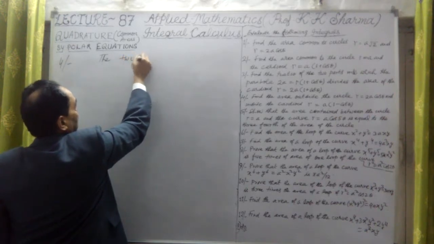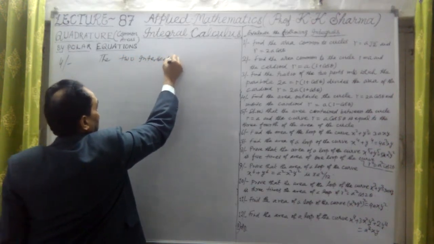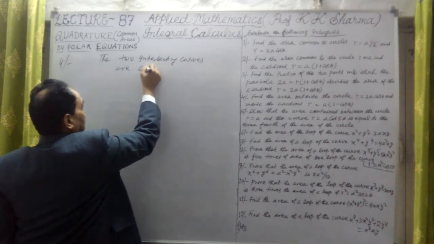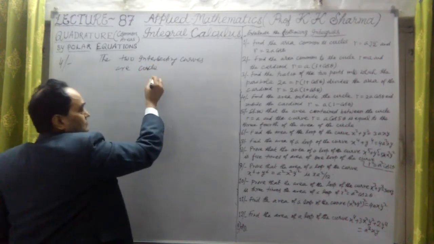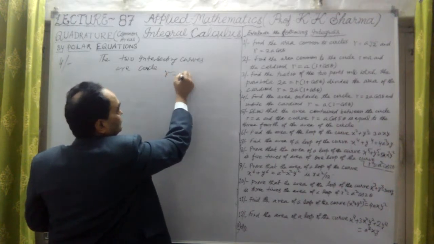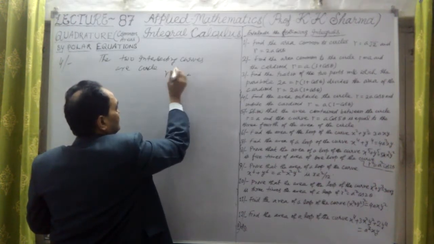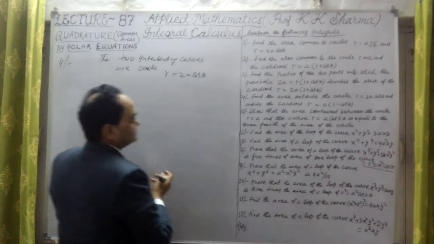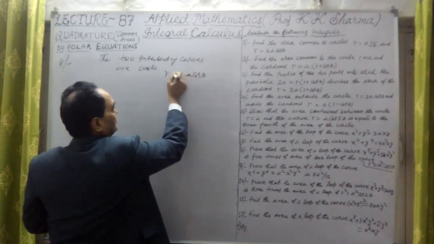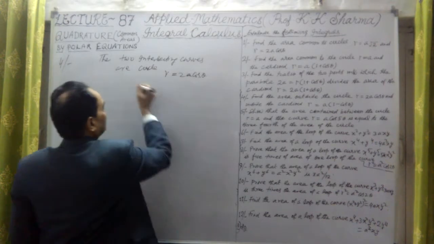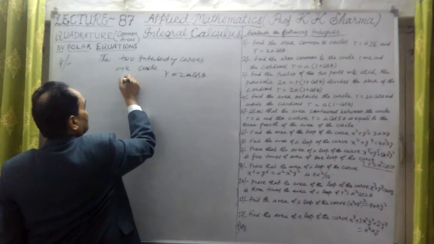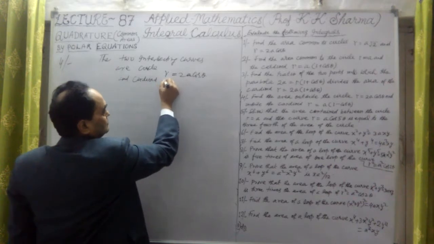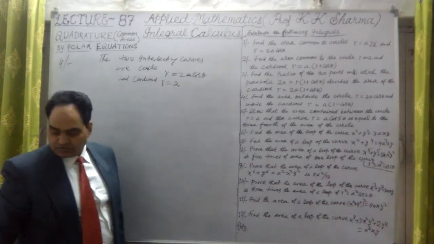The two intersecting curves are, first, the circle r is equal to 2a cos theta, and inside is the cardioid, which is r is equal to a into 1 minus cos theta.